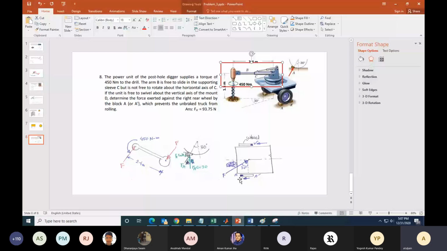I think it will be balanced by the weight of the body. Yes, it has to be balanced by the weight of the body. Sir, FA and FB are equal. F is parallel to the ground. Can you show the solution after this?